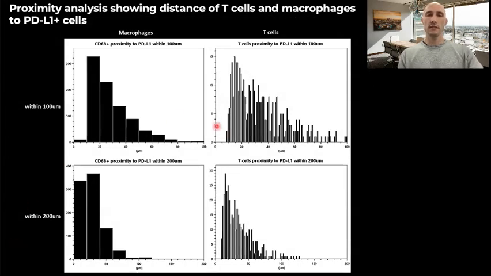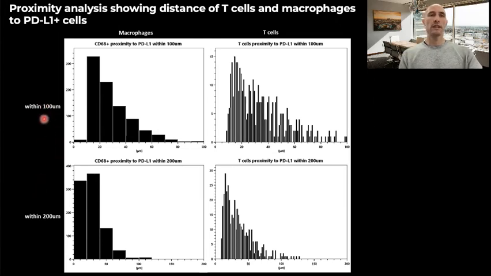So these are the spatial results we did for the cores I showed you in the previous slide. What we did was to measure the distance between T cells, macrophages, and tumor cells. You can see here two different types of plots.